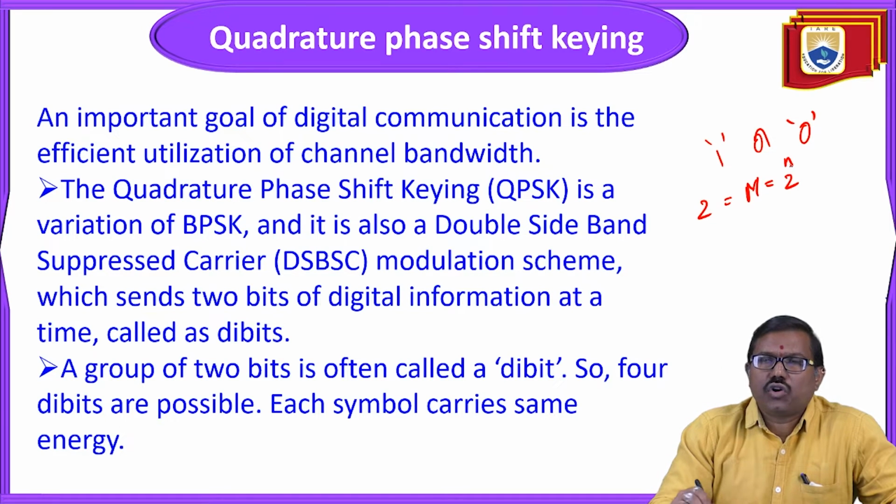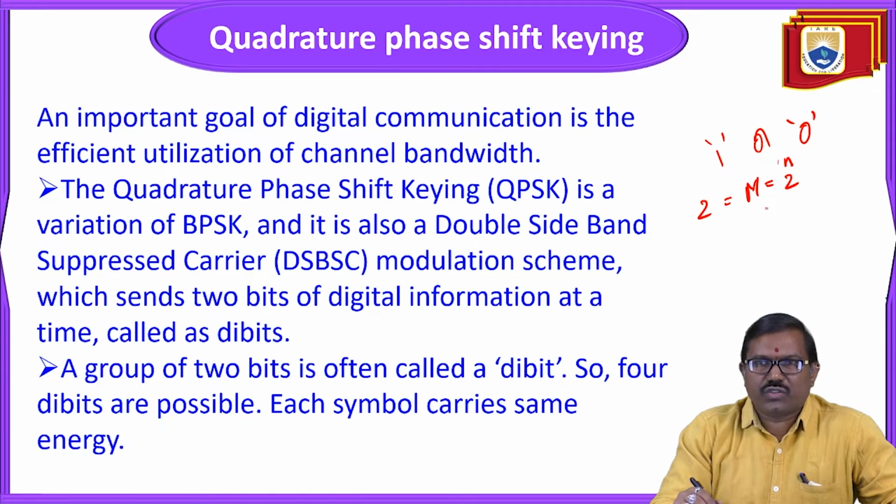How many bits are we sending? 2 bits, and then it is called M-ary. If we send only 1 bit, n equal to 1, we call it binary. If n is more than 1, we call it M-ary. So 2 bits at a time we can send by using QPSK.